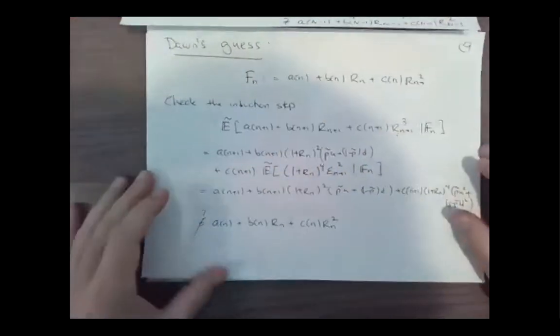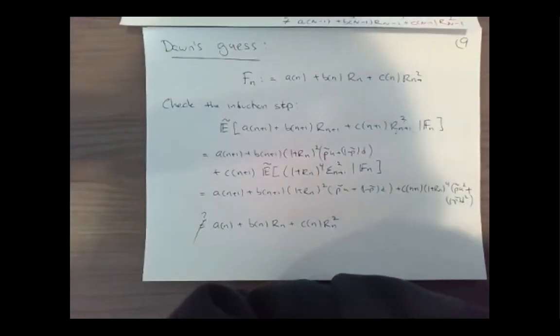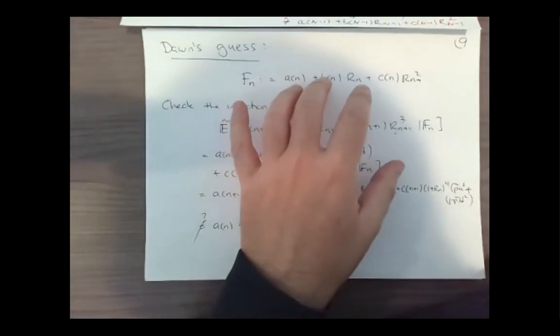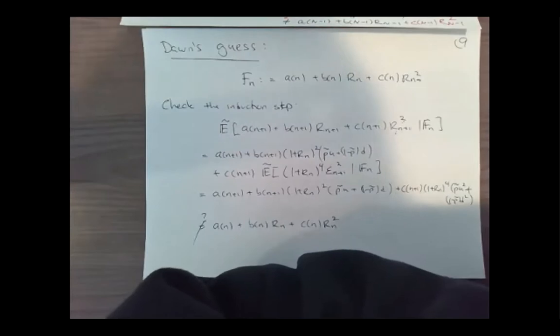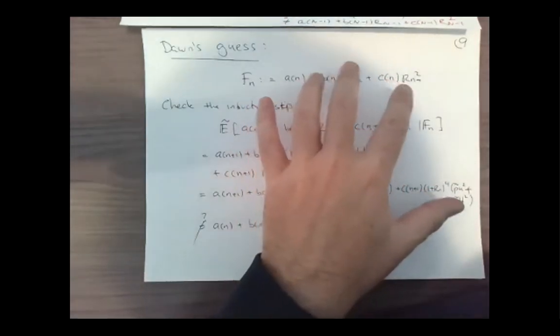So in this case, would we just rely on the induction step to check or to guess Fn? Well, the guess is incorrect, right? So you need to come up with a different guess. This here doesn't work, so you need to change it.